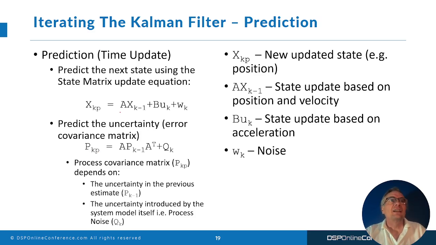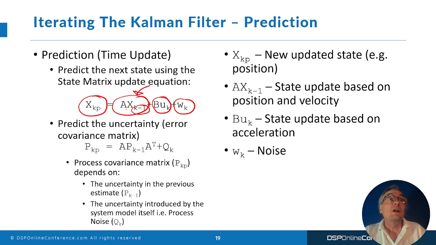Firstly, the prediction stage. We're going to update our estimate based on this little equation here, which has three components. The first component is we take the previous prediction and multiply it by this A, and this A is the state transition matrix, as per the one-pole filter we looked at before with the A's and B's.